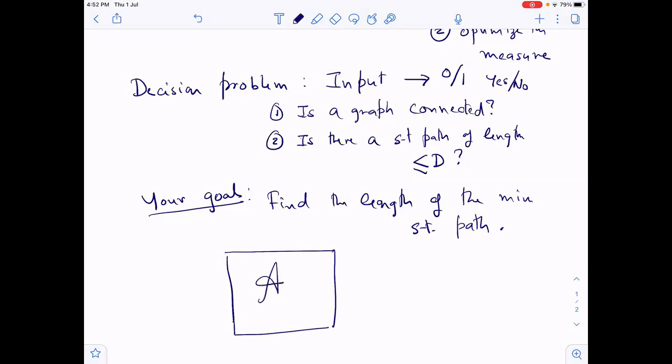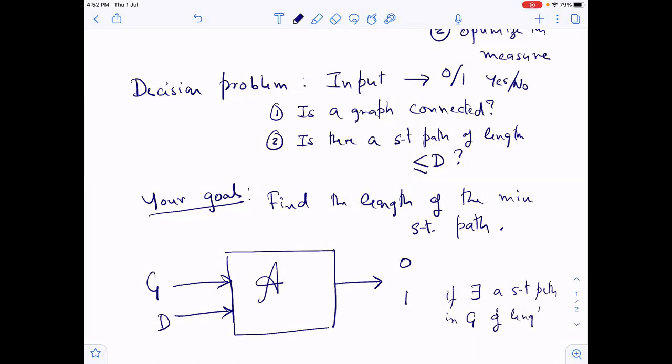This is what is called a black box, where you can give a graph G and a D, and the output will be either 0 or 1. The answer is 1 if there exists an ST path in G of length less than or equal to D, and 0 otherwise.